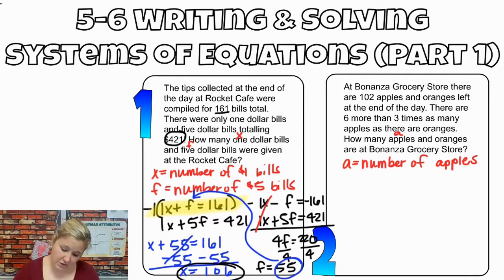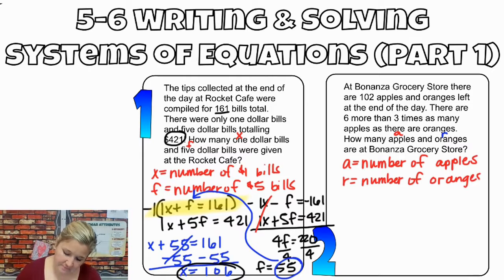So I'm going to use R for oranges. R is going to be the number of oranges. I could use X again if I wanted to, but it does not matter.